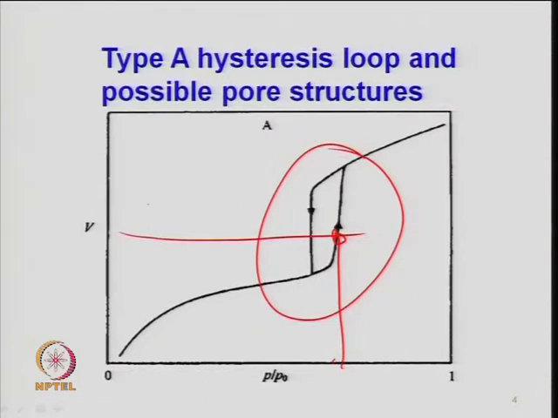Now, here when the desorption started, at the same pressure, a larger volume has desorbed, right, or to relieve the same volume, a lower pressure will be required, right. If I just look at this point, which is equivalent to the same volume, this much pressure will be required. You have to release the pressure, because you are talking about desorption.